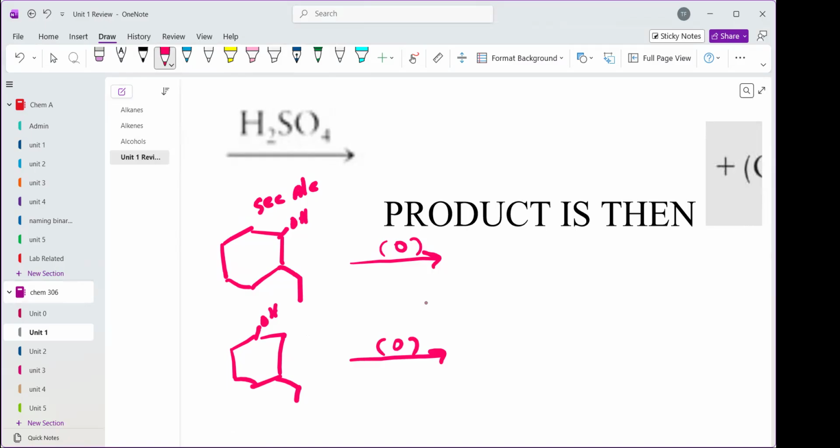Secondary alcohols oxidized produces ketones. So those are the two products you're going to end up with.